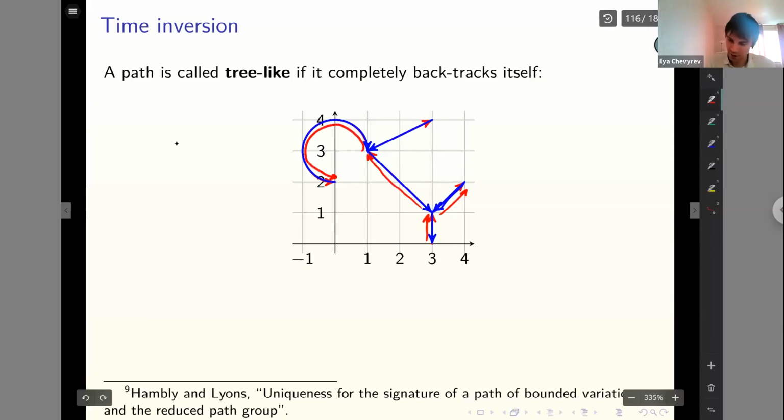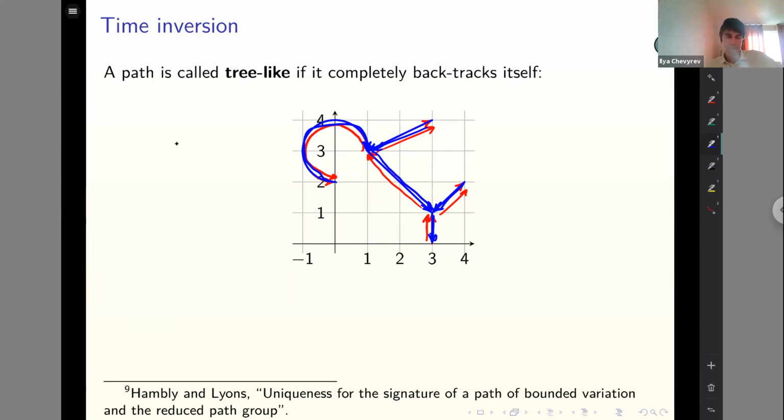And then from here it moves back along itself, and then it moves outwards here, and then maybe moves backwards all the way along, and then moves back along its trajectory. So its movement is always reversed in some sense. This path can always be written as a concatenation of paths and their reversals in the correct order. I haven't given a formal definition of what tree-like means, but I hope that the picture illustrates what it is.